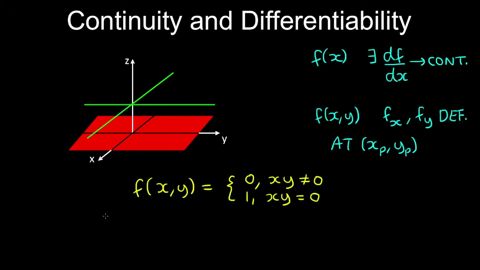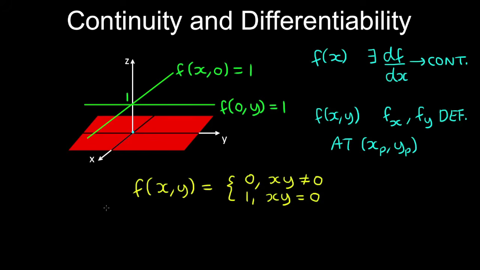So therefore, this line over here is obtained when x is not 0 and y is 0. So the function evaluates to 1. And for the function where x is fixed at 0 and y is variable, then that also evaluates to 1. So we get two perpendicular lines.